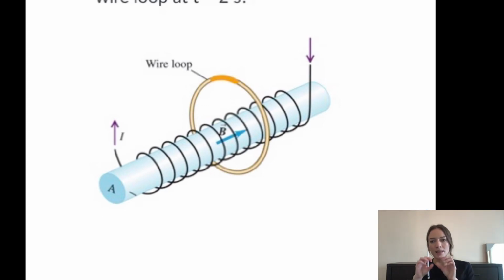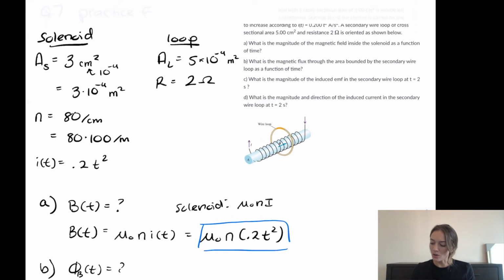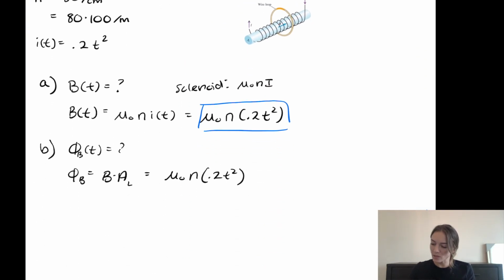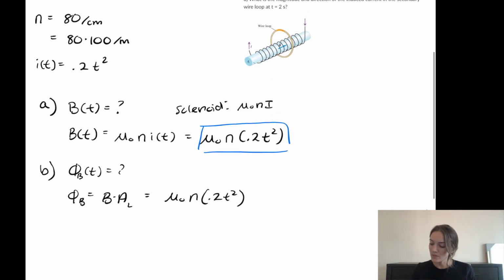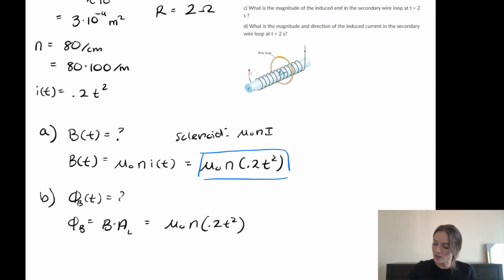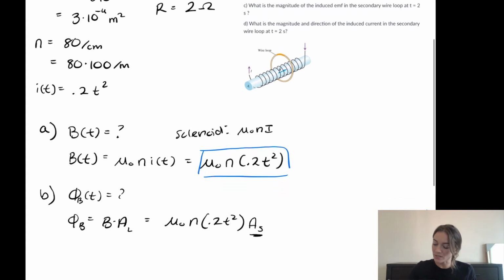Since you're multiplying that portion of the area by 0, where B is equal to 0, it doesn't contribute to the flux. So what you have to multiply by is the area of the smaller solenoid, since that's the only place where the magnetic field is non-zero. So when you actually multiply this out, you're going to change it into the area of the solenoid, which is 3 times 10 to the negative 4.